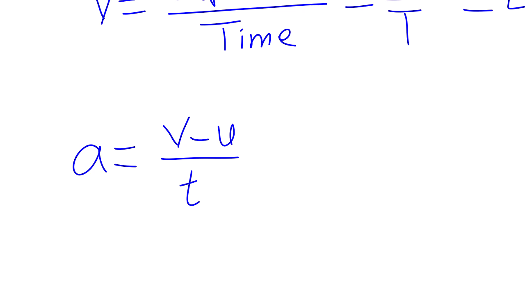Final velocity minus initial velocity, the answer will be in the same velocity. The unit will remain the same. You are just dealing with the same quantity, so you don't need to introduce another fundamental quantity. Just use the fundamental quantities that are there.